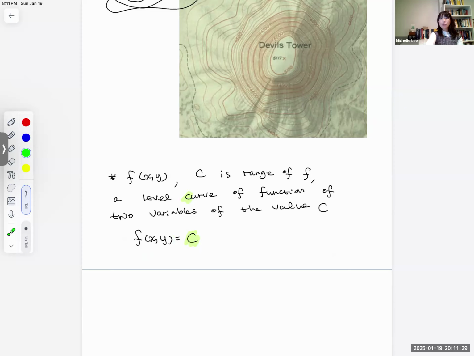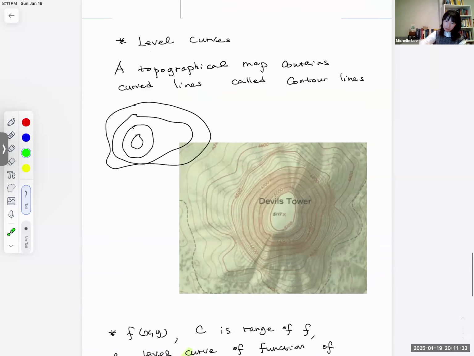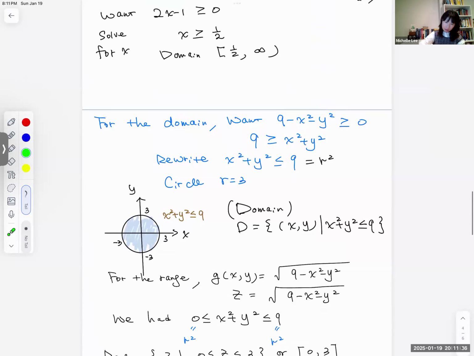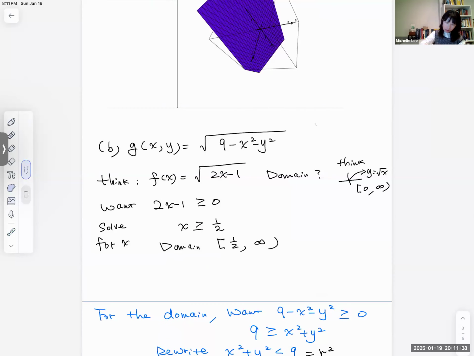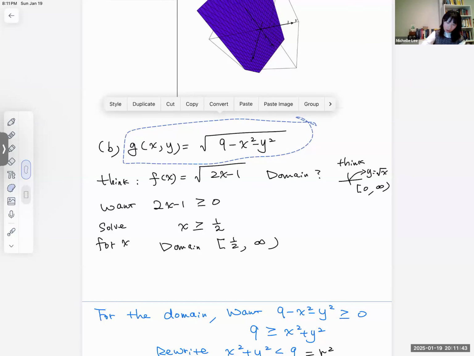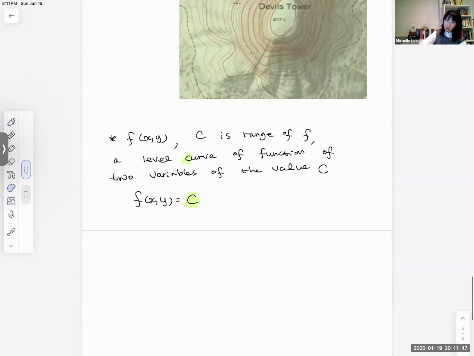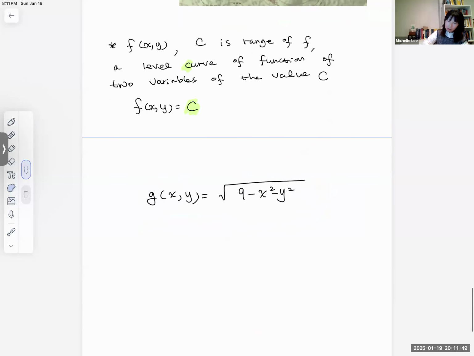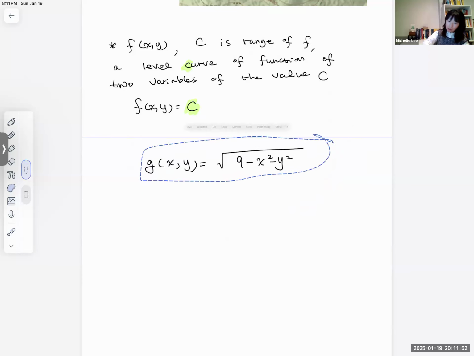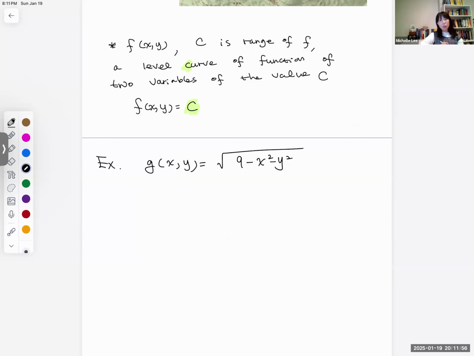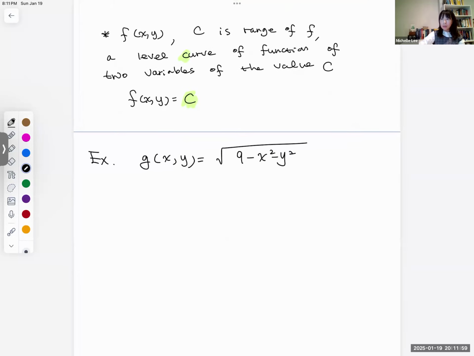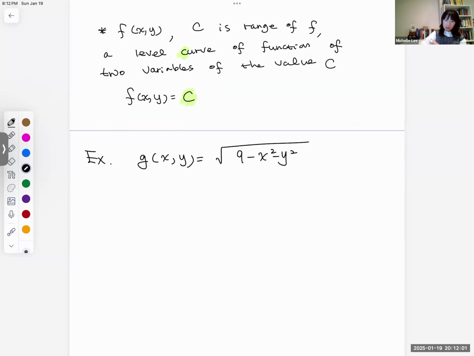So let's just do the previous example. Let me write down this example. Then how do you find the level curve, right?